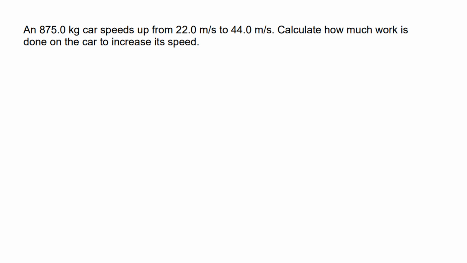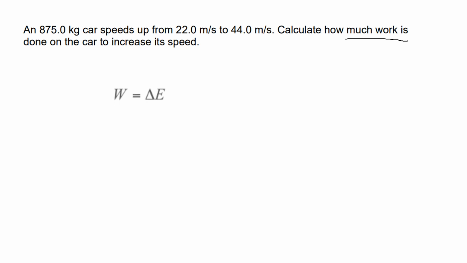An 875 kg car speeds up from 22 meters per second to 44 meters per second. Calculate how much work is done on the car to increase its speed. So we want work done. We would use work equals delta energy, because we have both velocities and we want the change between them.